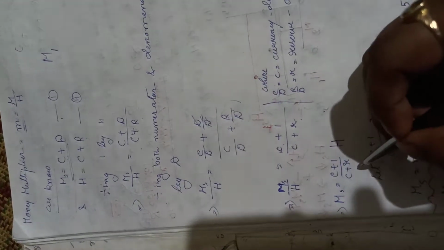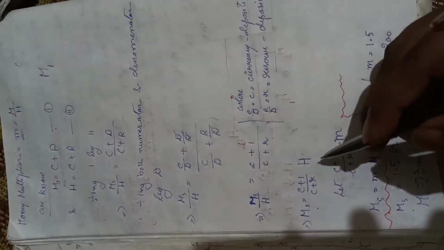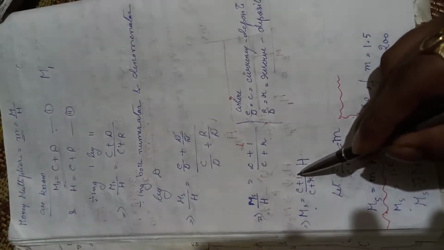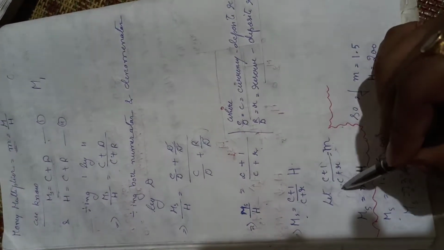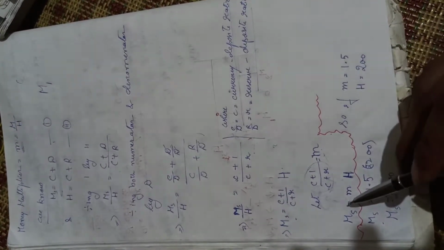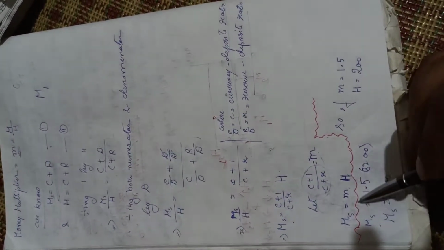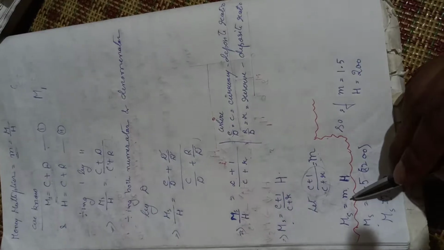Now we will cross multiply, bringing H on this side, and then we will denote this ratio by a small m. So this ratio is basically your money multiplier, and the relationship between high powered money and money supply is given by this equation. Money supply is equal to money multiplier into high powered money.